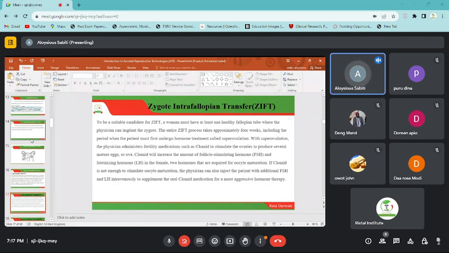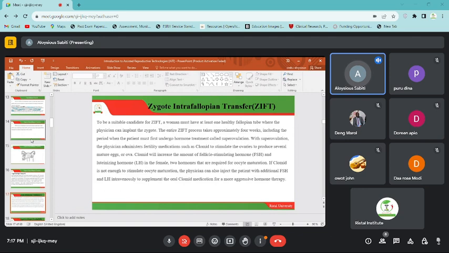With superovulation, the physician administers fertility medications such as clomid. This clomid is to stimulate the ovaries so that they are able to produce several mature eggs, or what we call the ova. Clomid will increase the amount of follicle stimulating hormone and luteinizing hormone in the female.